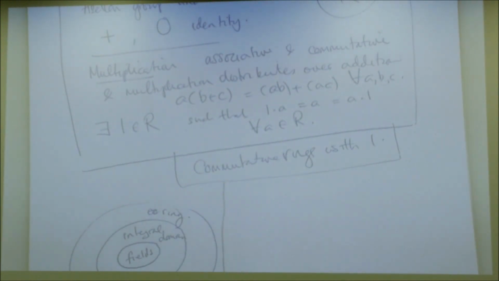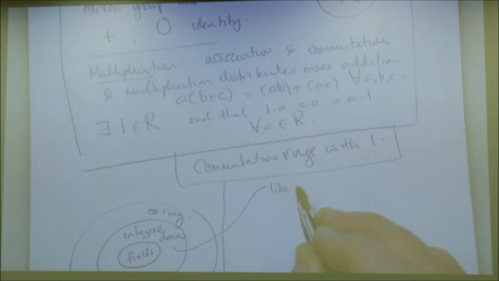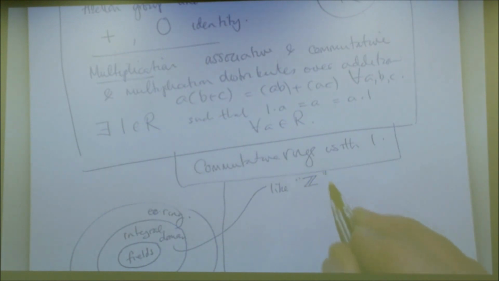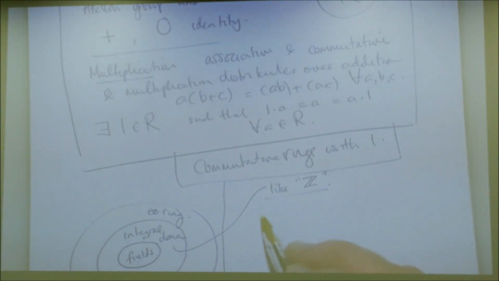So, how do you qualify for the special status? Well, to be an integral domain, informally, you've got to be like the integers. So, you need, firstly, that 1 and 0 are not the same thing.